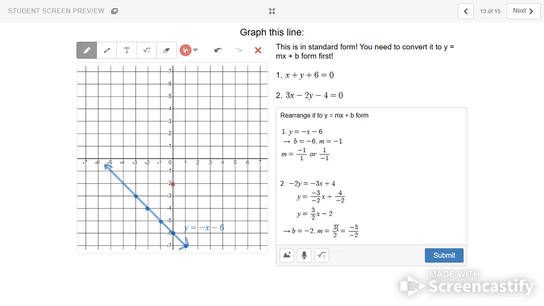We're going to rise 3 and run 2. 1, 2, 3, 1, 2. Rise 3 and run 2. We can do it a couple of times. And so we have a line that looks like this. Let's write the equation. y = 3 over 2x + 4.